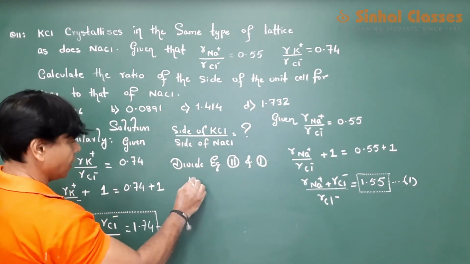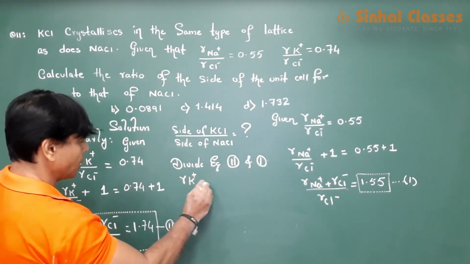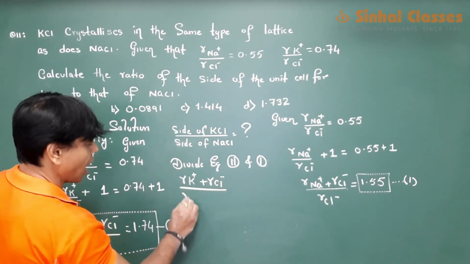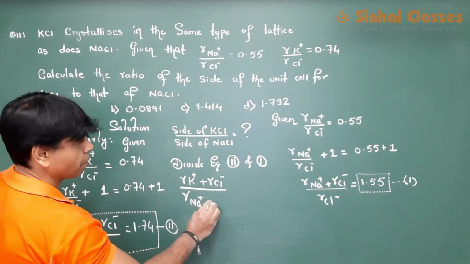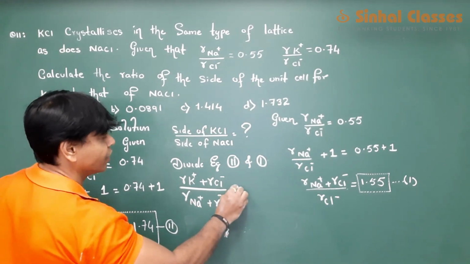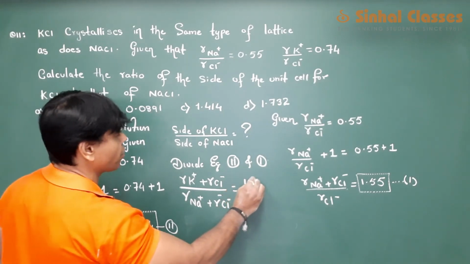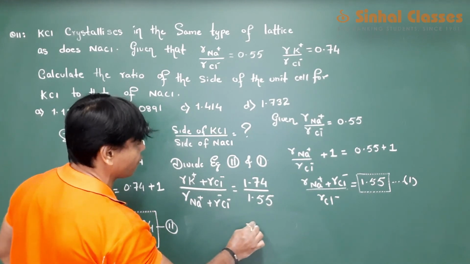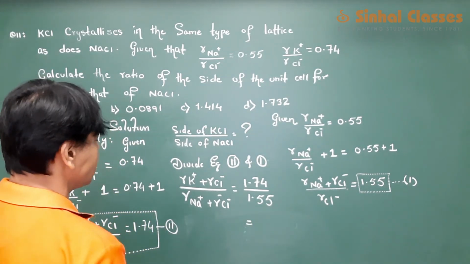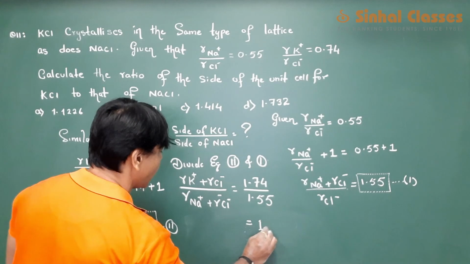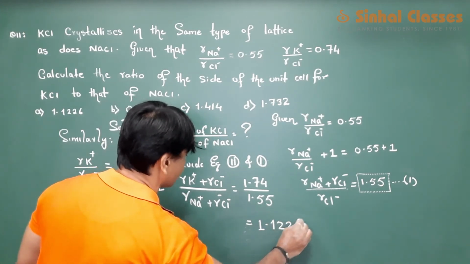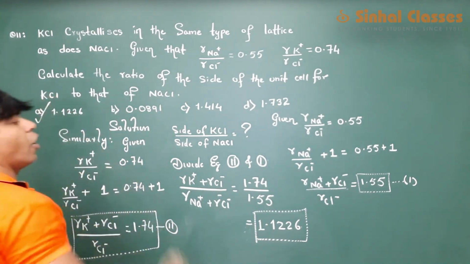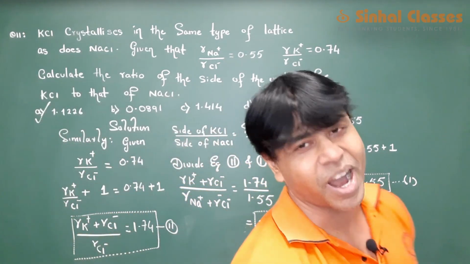So you will get R K plus plus R Cl minus upon R Na plus plus R Cl minus, which is nothing else but 1.74 divided by 1.55. Now after dividing, the final answer will be 1.1226. So your answer for this question is A. Option A is the correct answer.